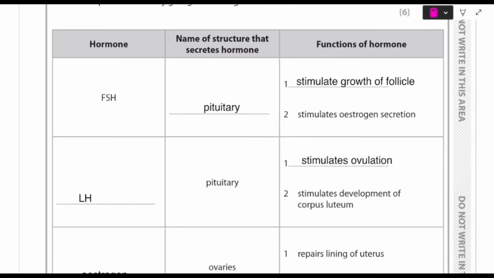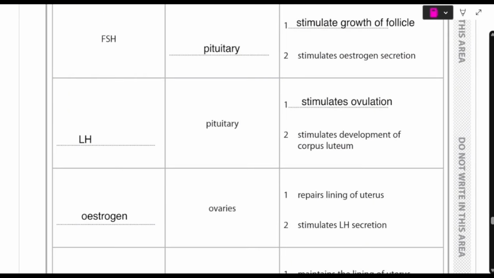FSH is released from the pituitary gland and its function is to stimulate the growth of follicles and to stimulate the release of estrogen. Next we have LH, which is also released from the pituitary gland. It stimulates ovulation and the development of corpus luteum.